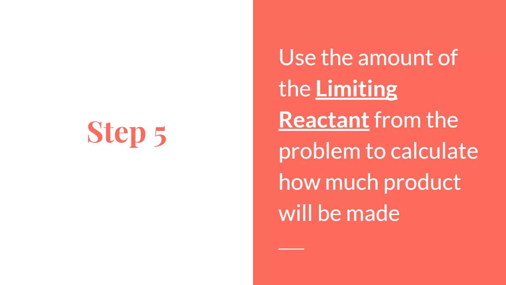Start with the amount of the limiting reactant, so that is the aluminum. The amount of aluminum given to you in the problem is what you're going to start with, and you are going to go through reaction stoich to find out how much product, or aluminum oxide, is going to be made. Try that, and then hit play and we'll see if you did it correctly.